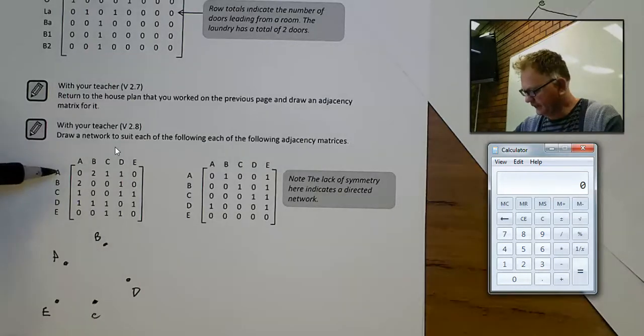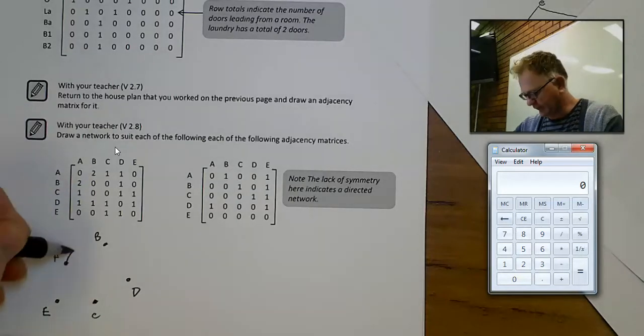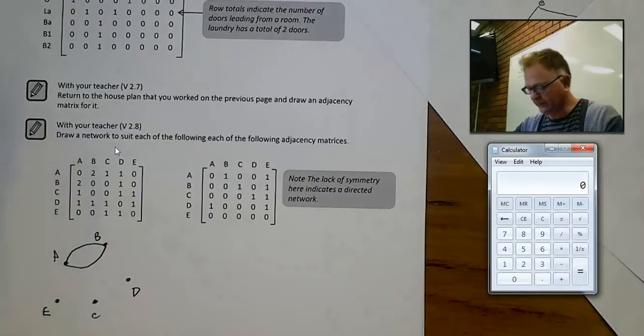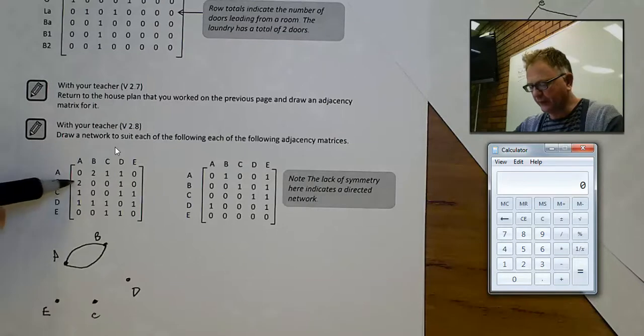Now there are 2 edges from A to B. So from A to B there are 2 edges, and obviously if you look around the other way, from B to A there are 2 edges, so there's no need to indicate these with arrows at this stage.